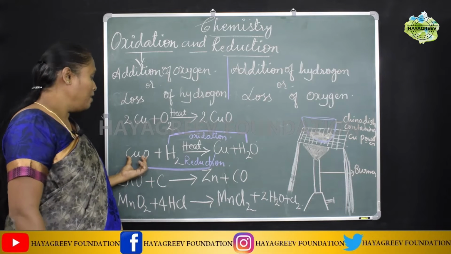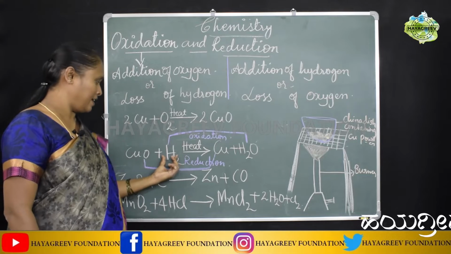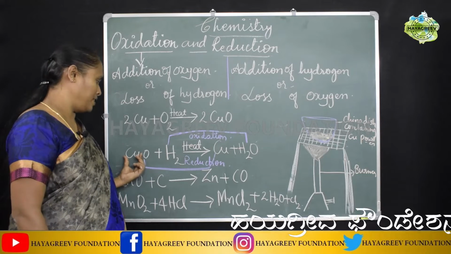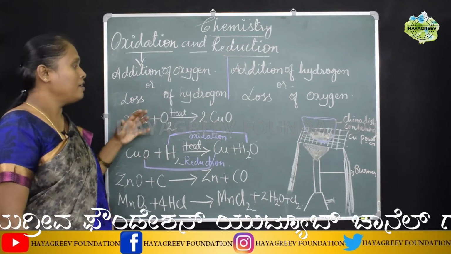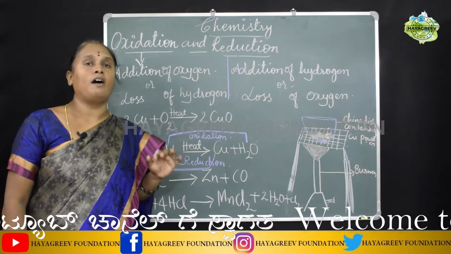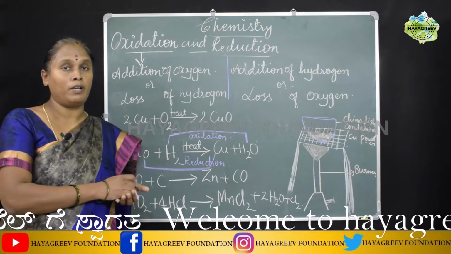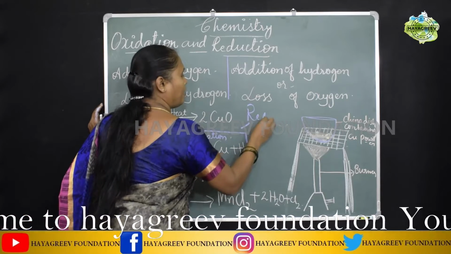You say that copper oxide is combining with hydrogen, that is, it is getting reduced to form copper and water. Here there are certain chemical reactions wherein oxidation as well as reduction both occur simultaneously. Such reactions you call redox reactions.